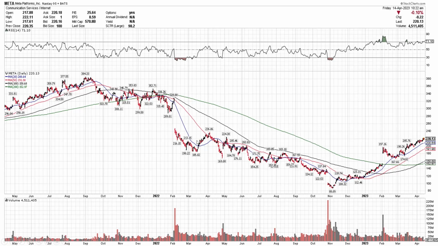If this continues higher, and keep in mind they've got earnings coming up in the next few weeks, as well as all of the NASDAQ 100 majors, once we get into about the 245 to 250 level, there's a pretty big open price gap, anywhere from 245 up to about 290 on the chart. If we get into that mid 240 neighborhood, there's not a lot of overhead resistance, and it could fill that gap.